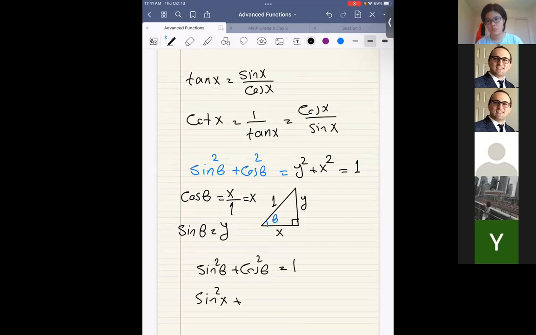You can say sine square of ln plus cosine square of ln is 1, if you use ln as a variable. So far we have the definitions of tangent and cotangent, and then sine square plus cos square.